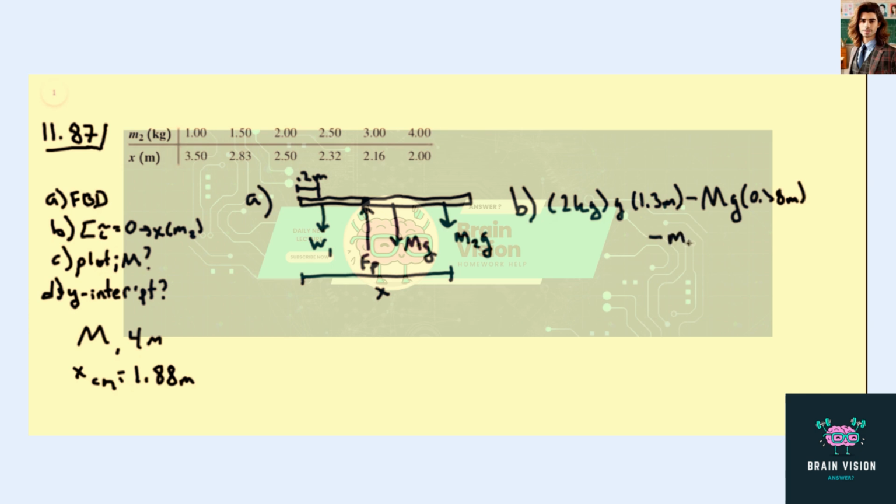And this will have the second mass subtracted from it, times x minus 1.5 meters, because x is from the left-hand side, but we're measuring from the pivot. This all needs to equal 0. And so we just solve this for x as a function of m2. It'll be a function of all these things, but the rest of them are constant.